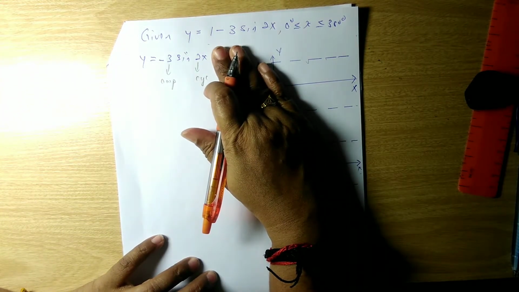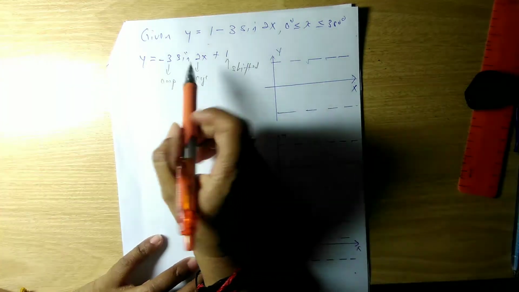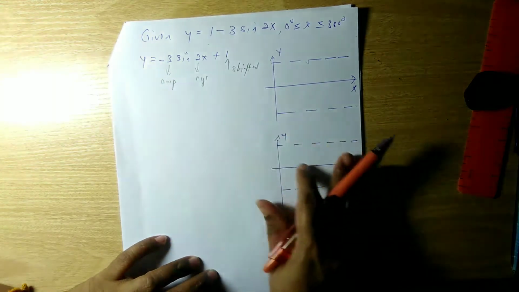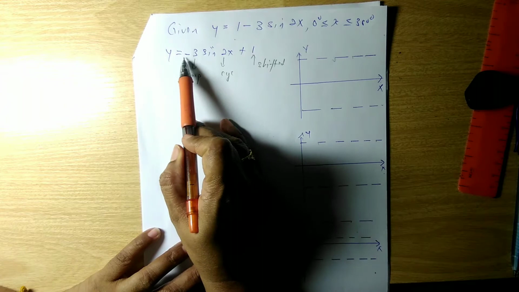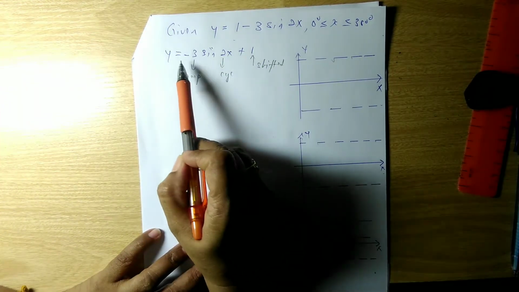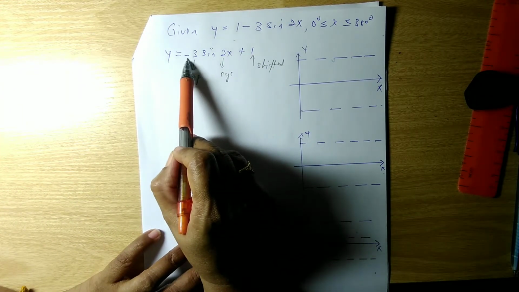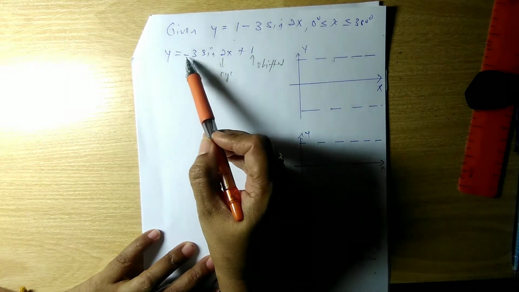Now if you notice, the amplitude has a negative symbol. What does negative mean? Negative means the graph is inversed.